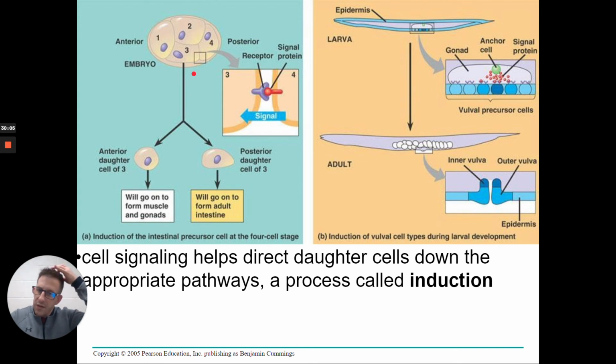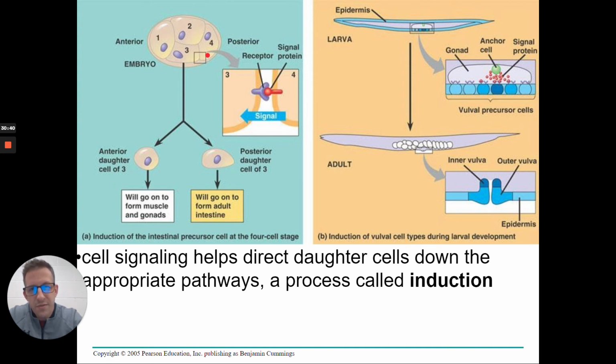The cell signaling of one cell to the other, known as induction, which we've talked about already, is absolutely important to the proper development of this organism, and in some cases us as well. If we don't get certain signals sent at certain times during our development, we're born with what doctors call birth defects.